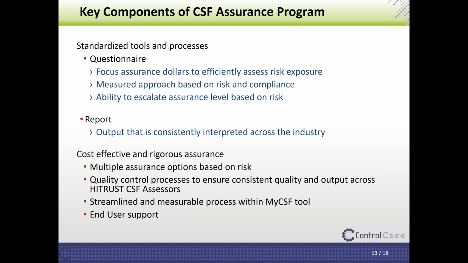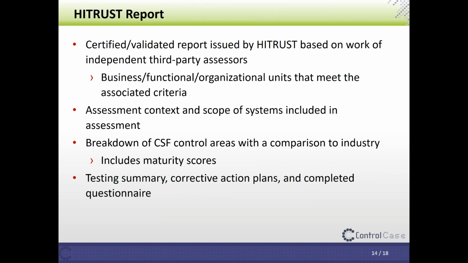Someone like ControlCase, who subscribes to the HITRUST methodology and is licensed to be able to certify against HITRUST by doing an audit with companies. So there's a self-assessment which companies can do themselves and engage with HITRUST without using an auditor to attain a certain level of due diligence that's needed and a certain level of self-assessment that's needed.